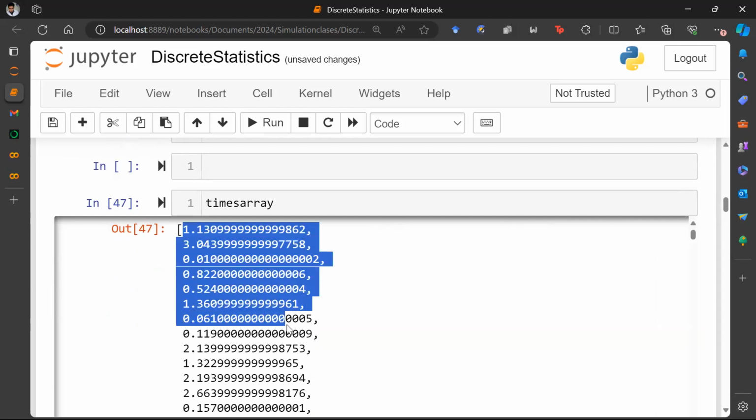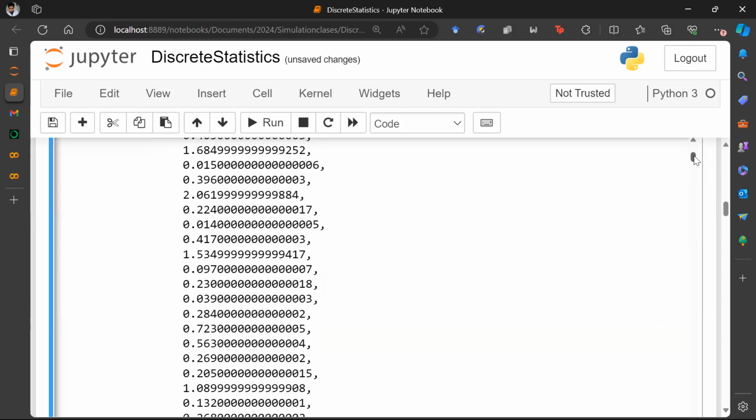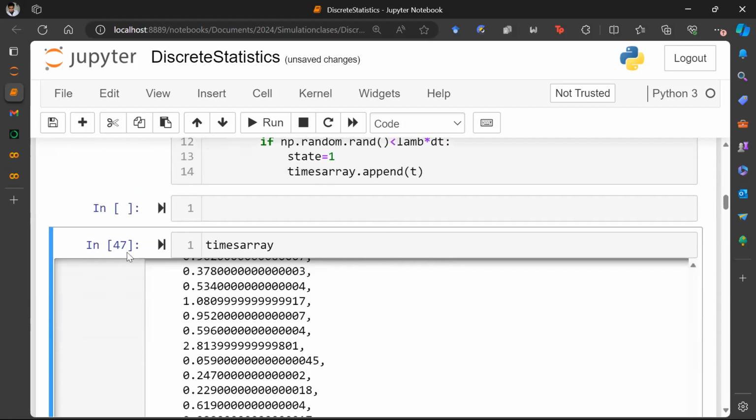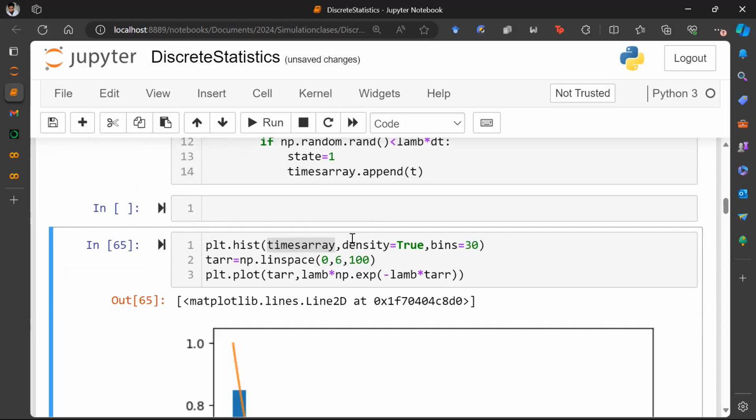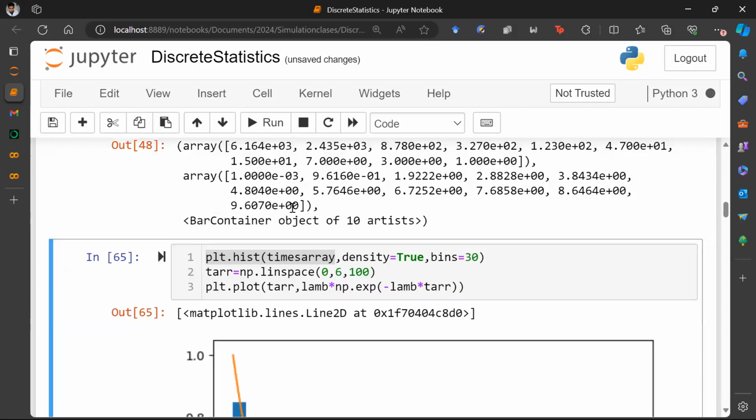This times array is an array of 10,000 elements, each of them being a simulated time of a reaction. So I plot a histogram.